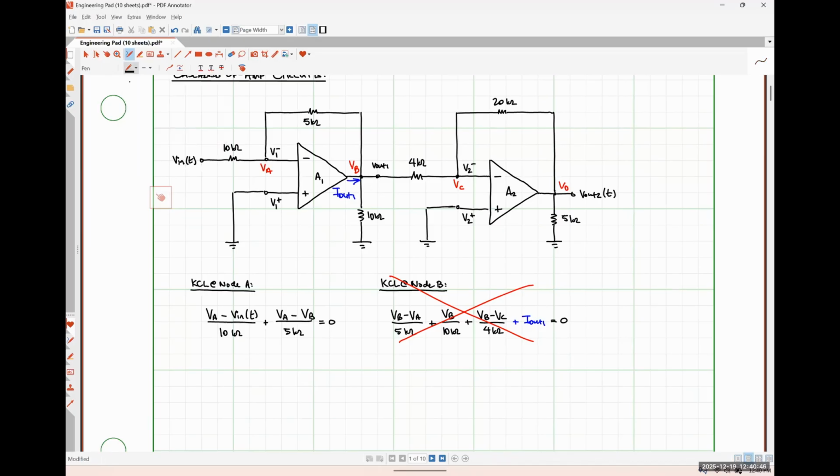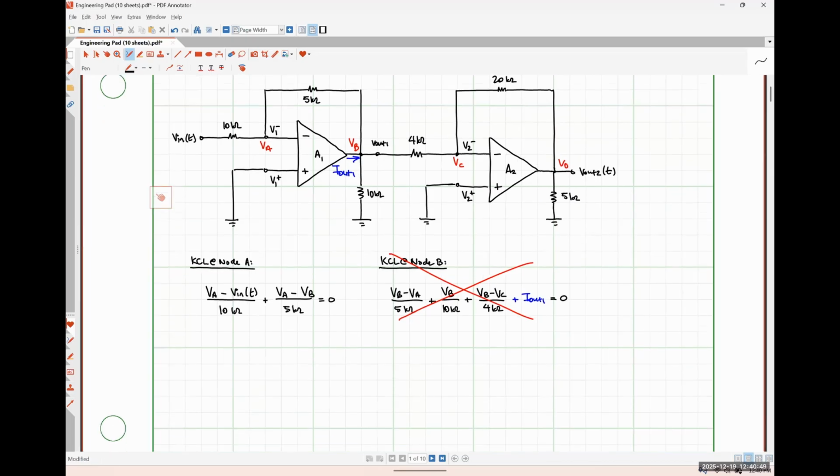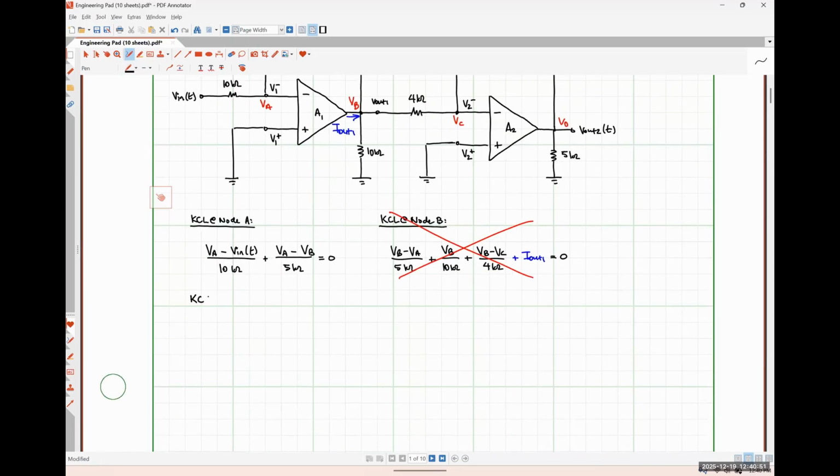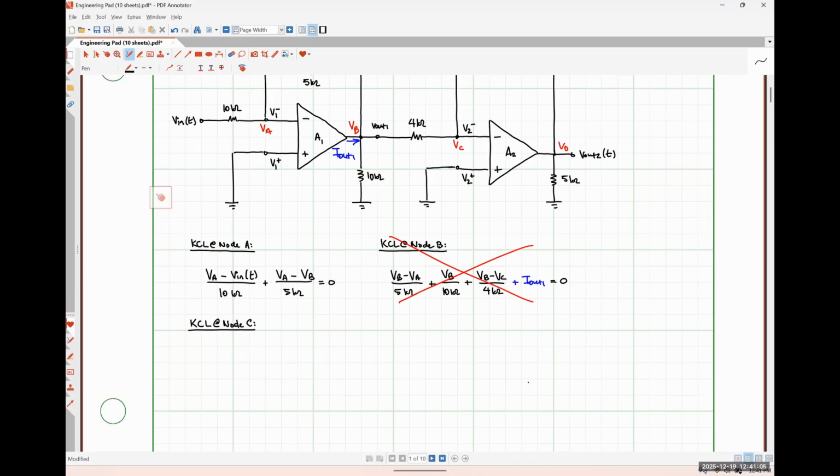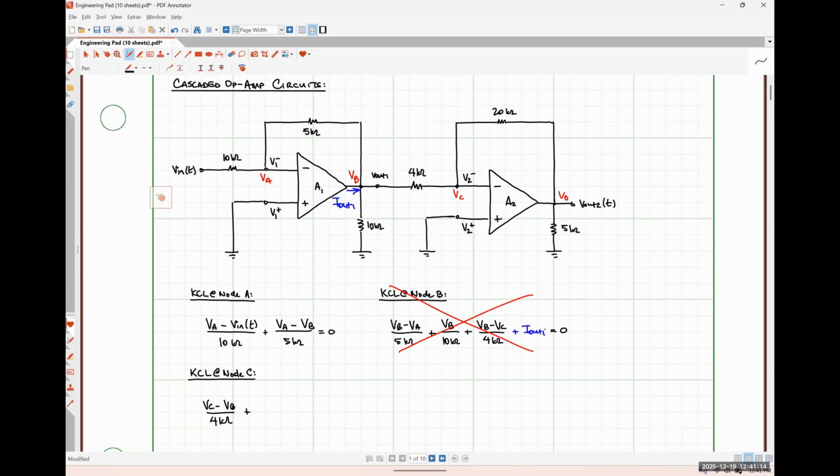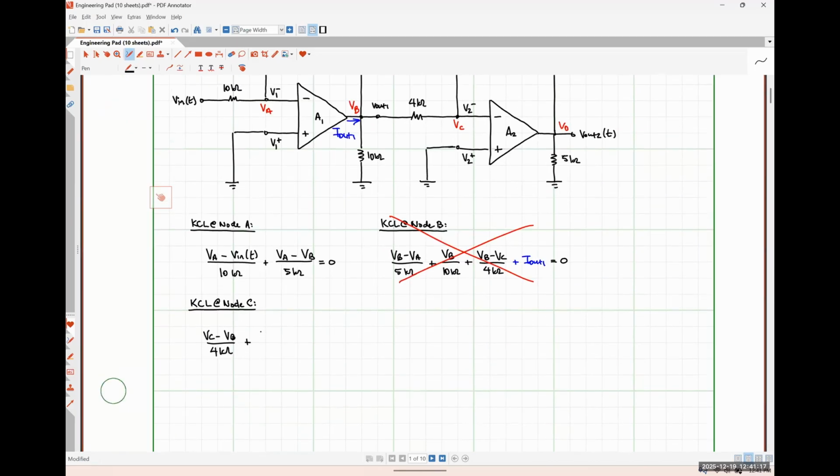So let's move along and apply KCL at node C. At node C, we would have VC minus VB over 4 kiloohms, plus VC minus VD over 20 kiloohms, is equal to 0.